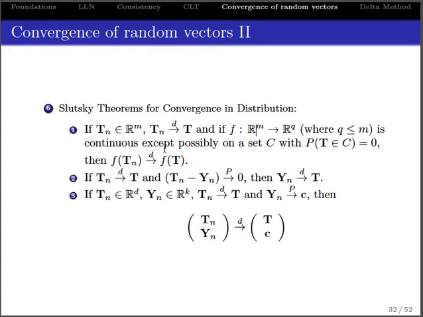And this function has got to be continuous, except possibly on a set C with the probability that T is in C, the target is in C, equal to 0.